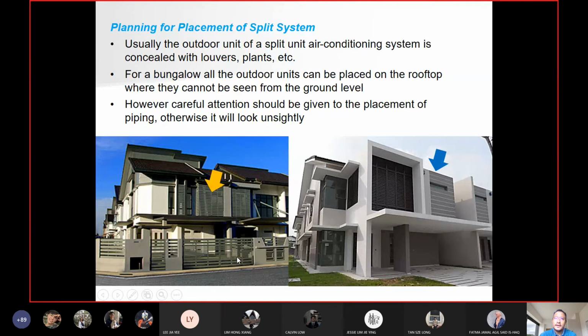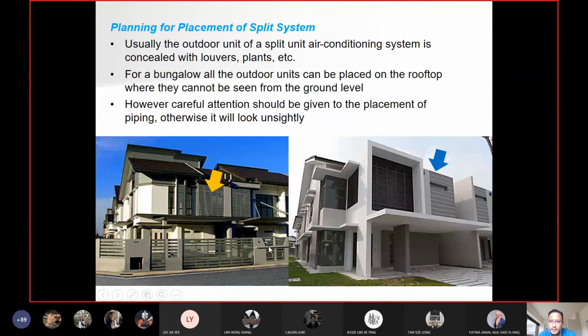But that's what happened in buildings until recently, when an architect designs a building, they rarely consider the placement of the air conditioning system. Okay, the outdoor units, where to put the outdoor units. On the drawing board, in the computer, the elevation looks very nice, very sleek, and then when it gets built, and the building occupant installs aircon, then it doesn't look nice anymore.